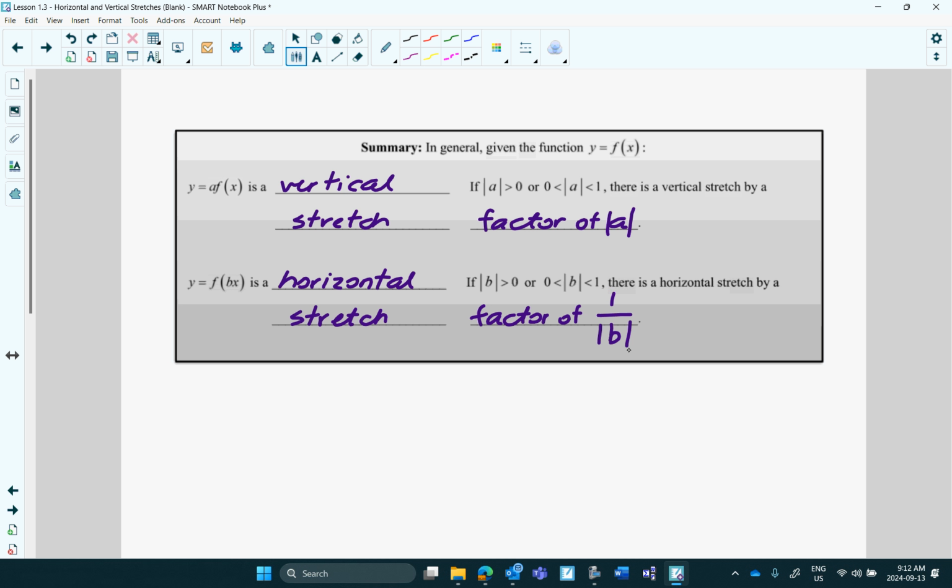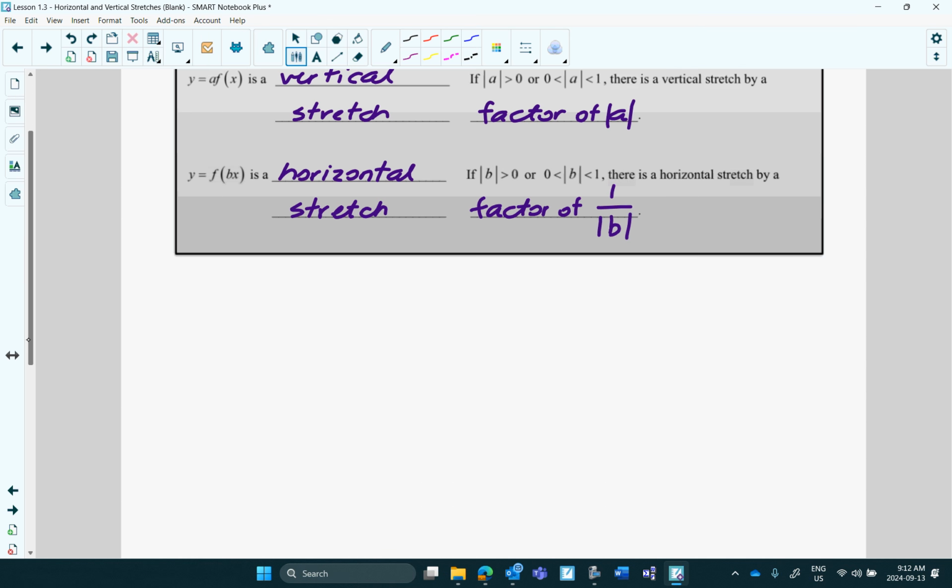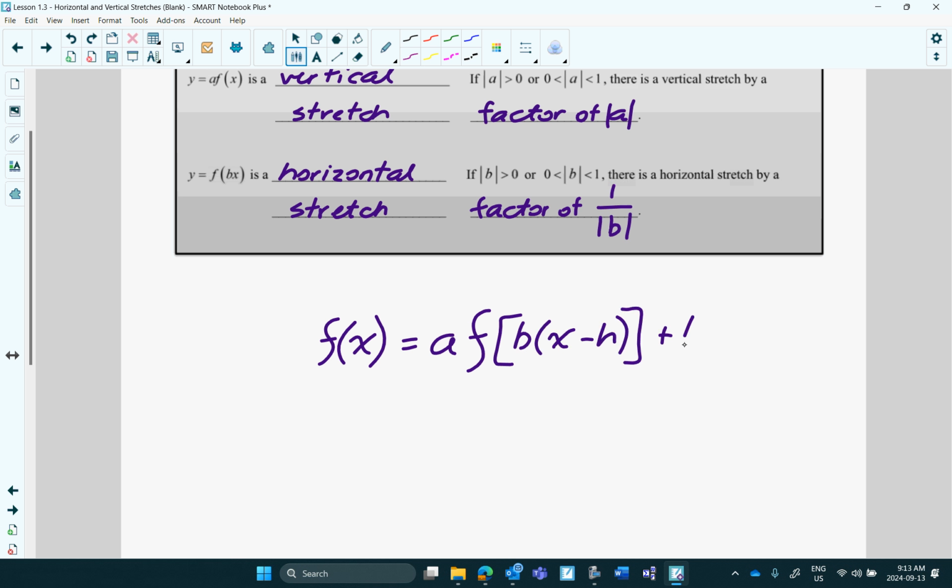So now we've got functions that could look like this. Notice the letters we use.